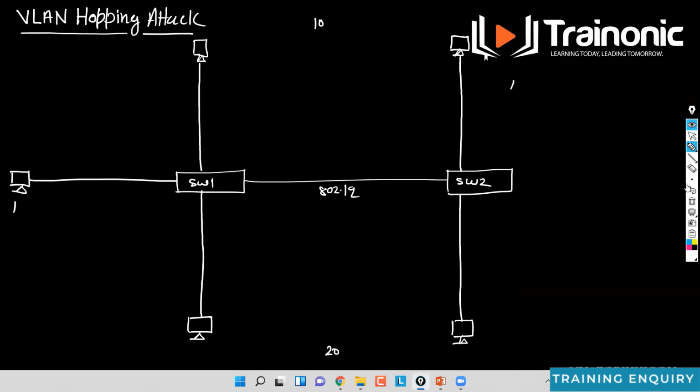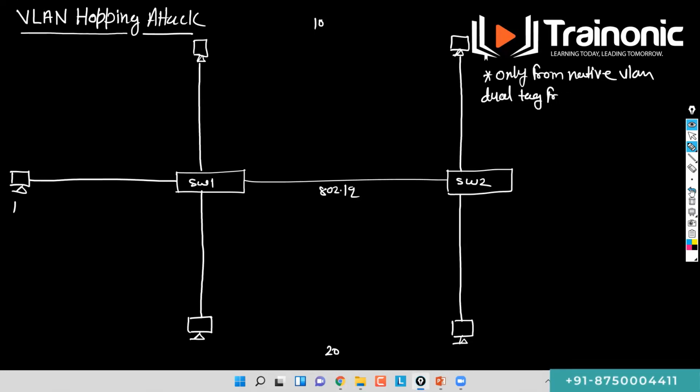First point: only from native VLAN, dual tag frames are allowed.